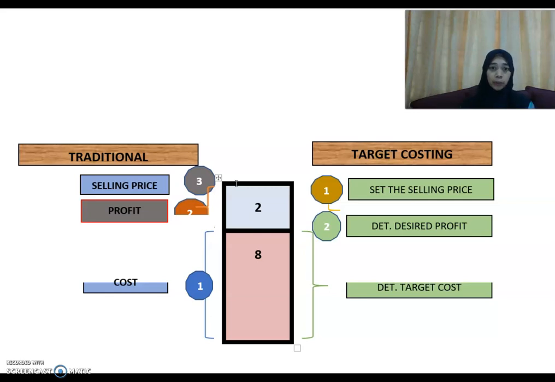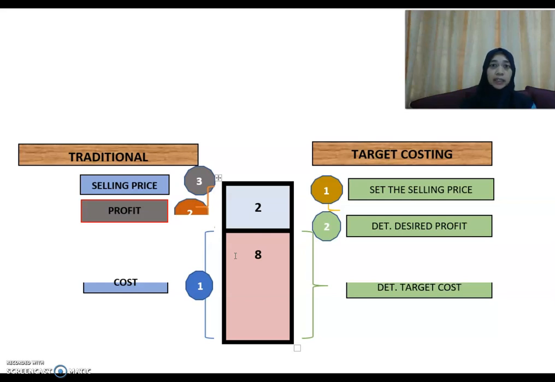So a new approach to this is that you use the target costing approach. This is a new method on how to set the price. Instead of just concentrating on your cost first, now you look at the market. You do market research, and then you find out that, hey, everybody is selling at 8. But my cost is 8.